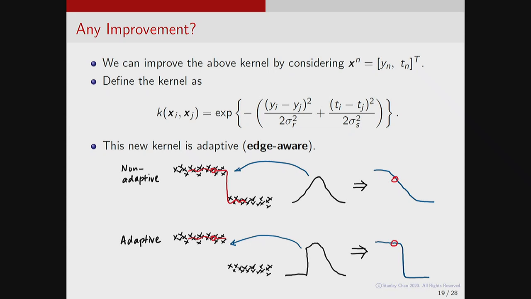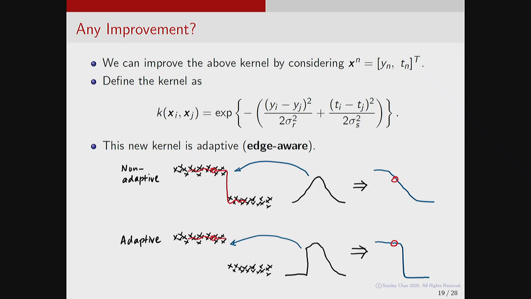By putting additional terms of the y's, if you have these two values, so if you're here, and your neighbor includes this point here, then the y distance will be extremely big. So you will have a smaller kernel value. If you don't have that, then you just take into account everyone, so you will get a smooth edge.